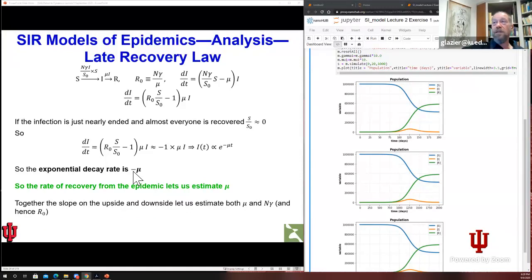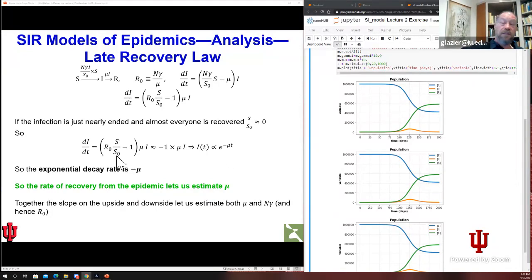On the other hand, let's look at the other end of the infection, when things are dying down at these late times. If the infection is nearly ended and everybody's recovered, and I'm going to assume now that almost everybody got sick, we can get a rough estimate of the recovery rate.